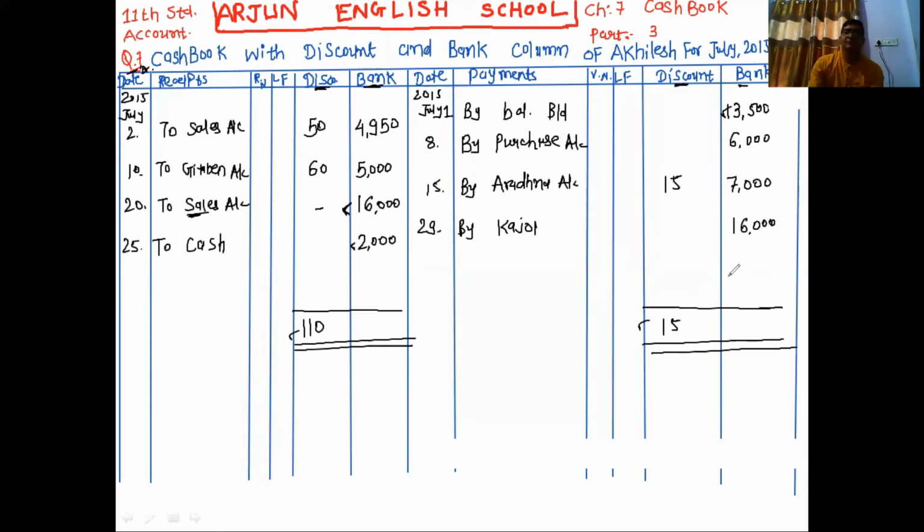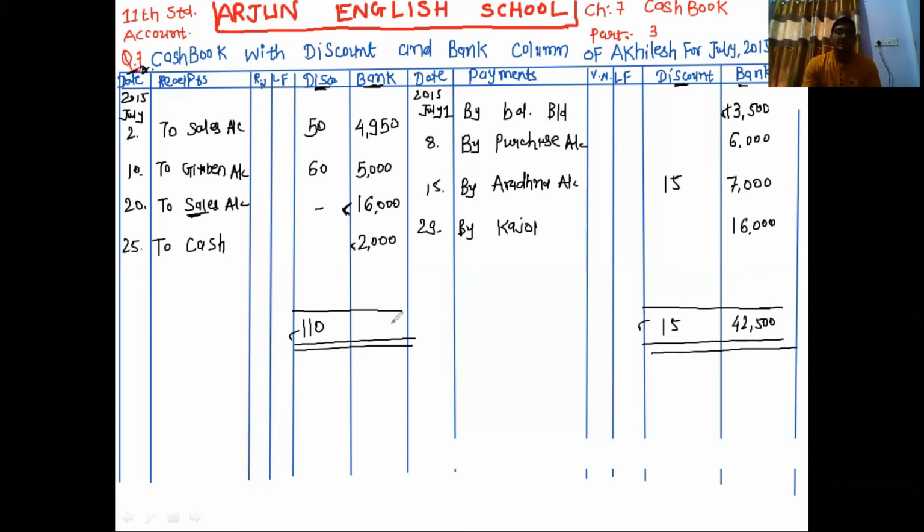But in the bank column, we have to check the total of the debit side as well as the credit side. Here 4,950, 5,000, 16,000, 2,000. Here 13,500, 6,000, 7,000, 16,000. It seems that the credit side total is more than the debit side total. So first of all, we have to total the credit side, and the total of the credit side is 42,500.